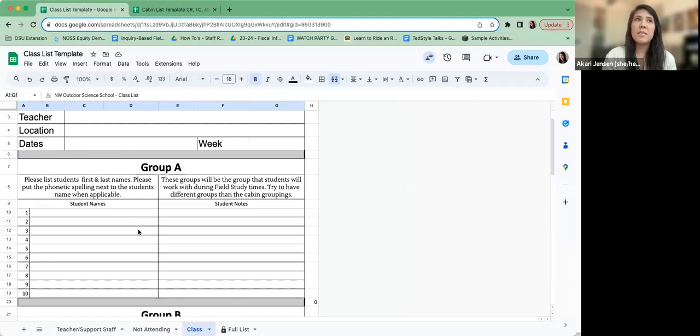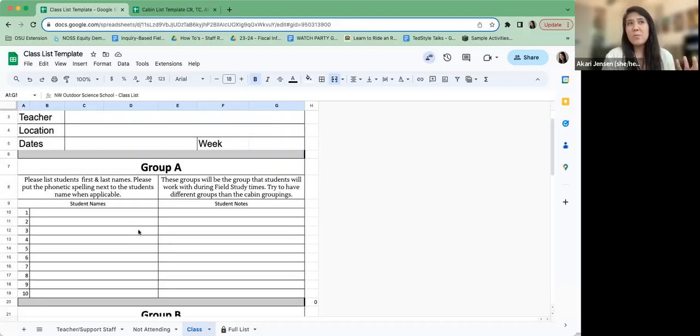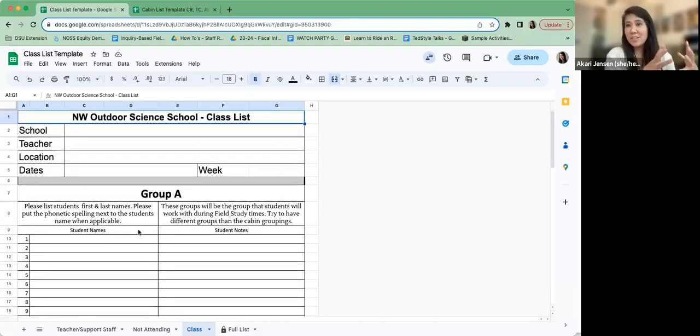We are going to be shifting our curriculum models to where students will go to field study and they'll stay in that field study group for the entire time they're at outdoor school. So we really want to be thoughtful about those groups and making sure that students are going to be successful. So what we've asked is that, we hope that these are a little bit different than the cabin groups.